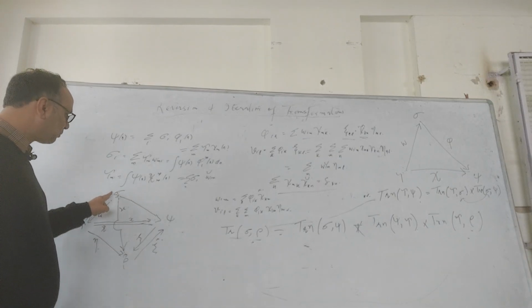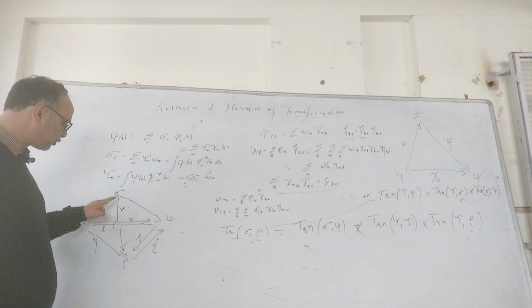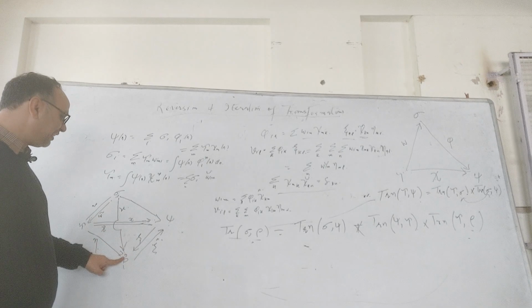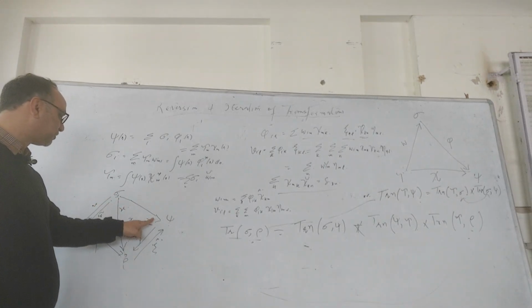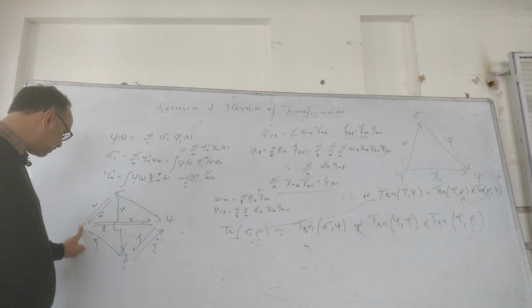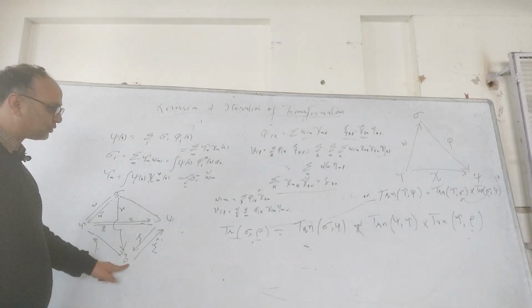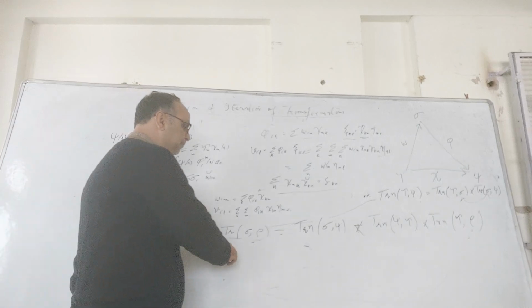So you can always go from this to this. If you want to go from this to this mu, it is the same as if you are first going from this to this via some transformation, from this to this tau transformation, and then coming back. So this is what it means.